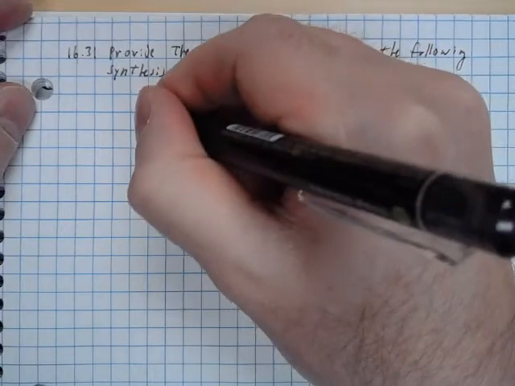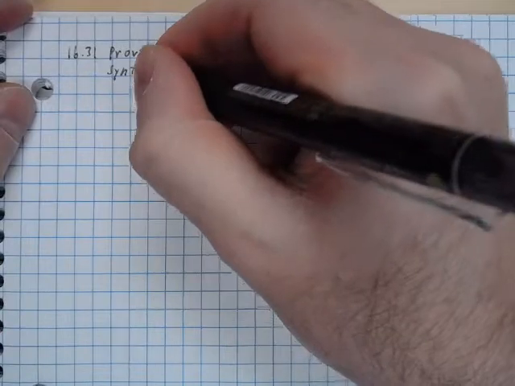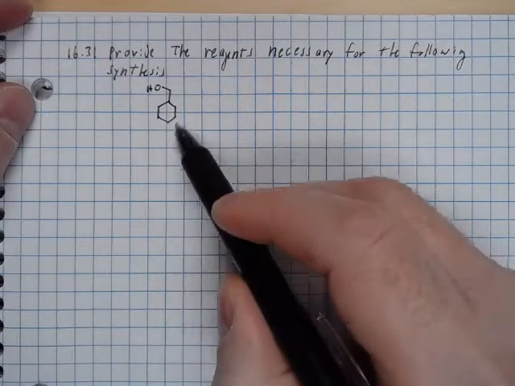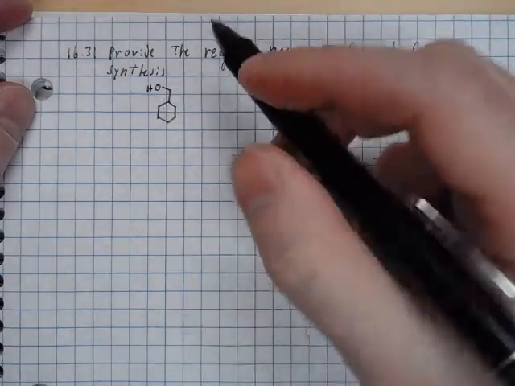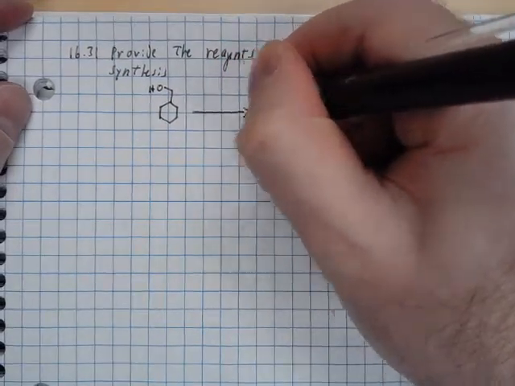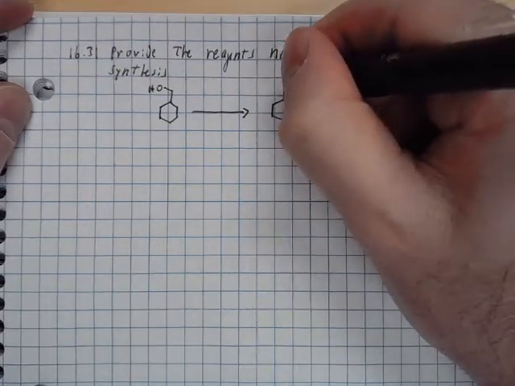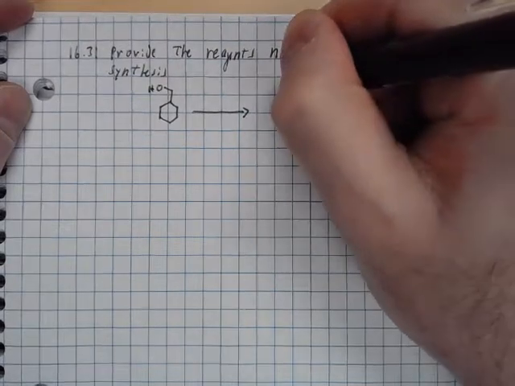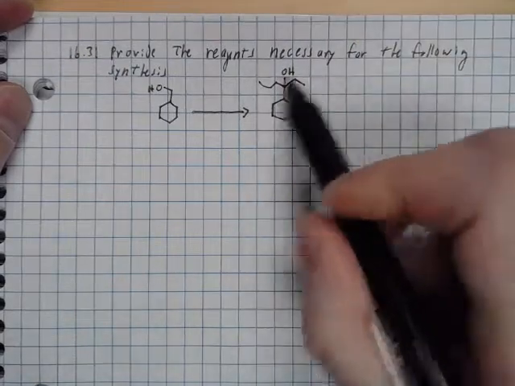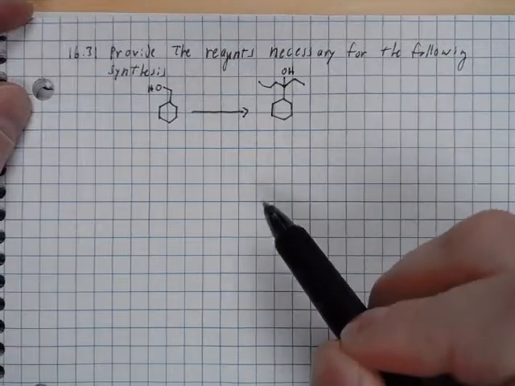And that synthesis is that we start with this compound with the cyclohexyl group and this alcohol, and we need to make this compound with the cyclohexyl group, this ethyl group, this propyl group, and the alcohol.